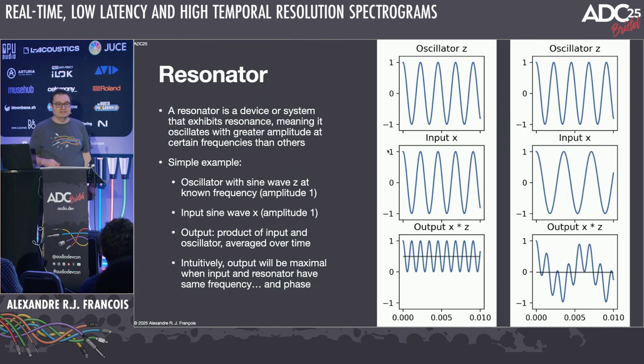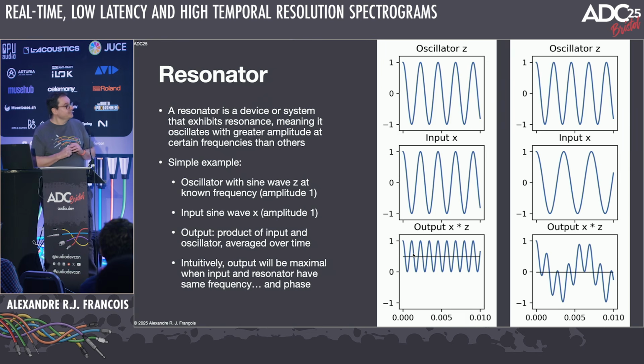You have an input signal, let's say also a sinusoid of amplitude 1 to keep it simple. And you multiply the input signal at each sample by the value of the oscillator at each sample. And you get something like this if they have the same frequency and the peaks are aligned. You can see intuitively that's when you'll have maximum response.